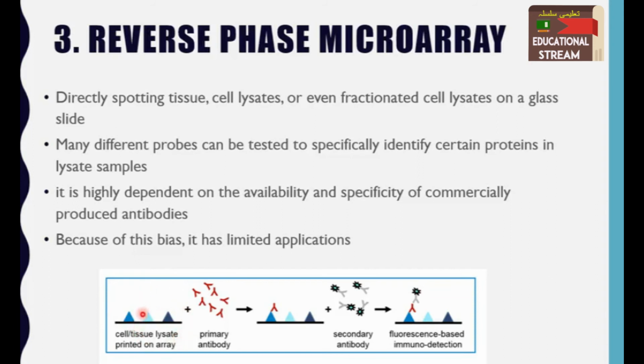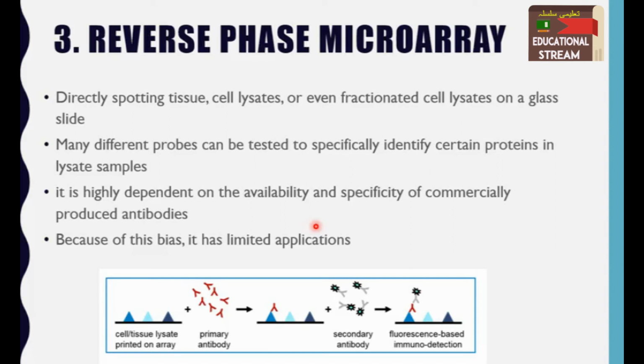But the limitation of this technology is that it is highly dependent on the availability and specificity of commercially produced antibodies, and because of this bias, it has very limited applications.